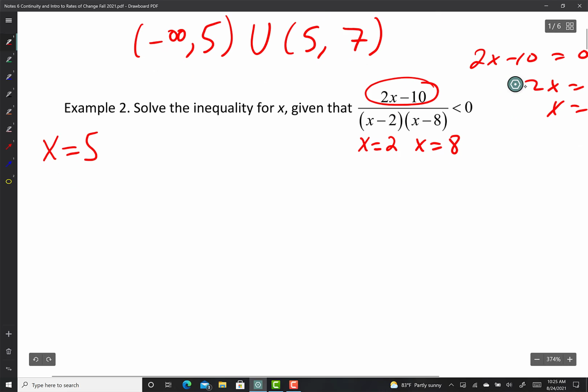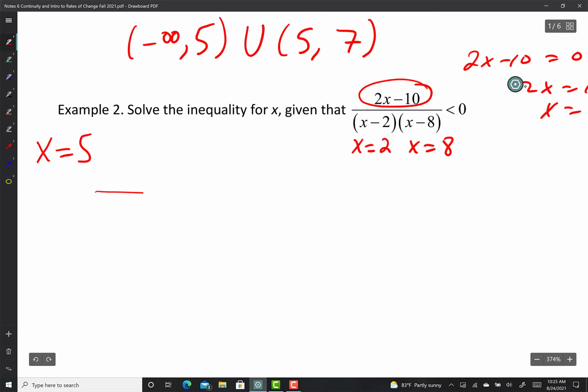All right. I'm going to do a number line and relax. We know that it's not defined at 2. So here's what I'm going to do. I'm going to put 2. And remember, x equals 2 is a vertical asymptote. And I'm going to put 5.